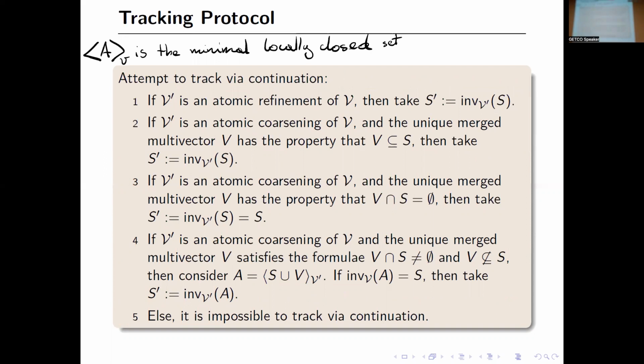Points 2, 3, and 4 correspond to atomic coarsening, the situation where two multivectors get merged together.